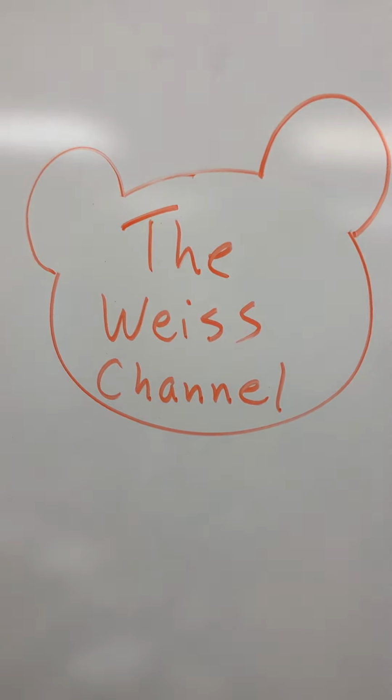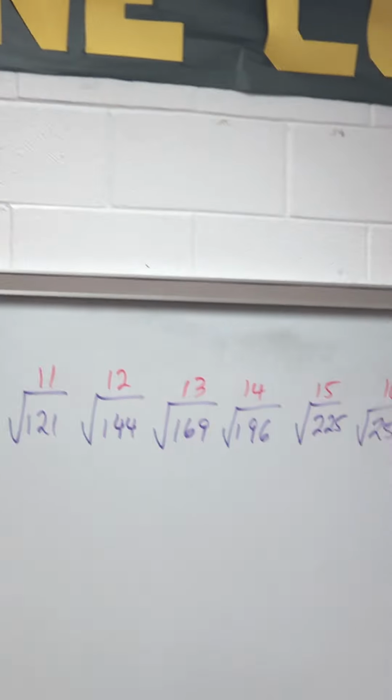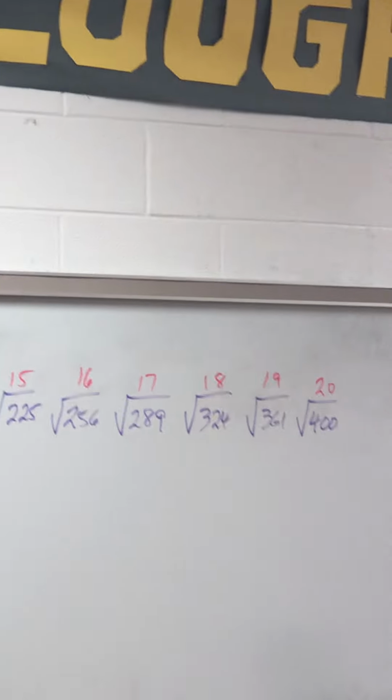So what you do when you have a negative square root, don't forget that you put the negative with the perfect square. You got to remember which perfect square goes into 54, right? And you got to remember all the perfect squares, okay? All the perfect squares up to 20, okay?